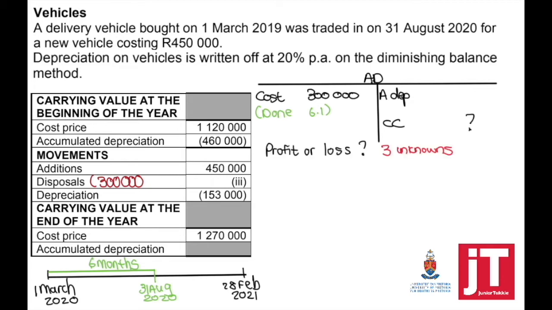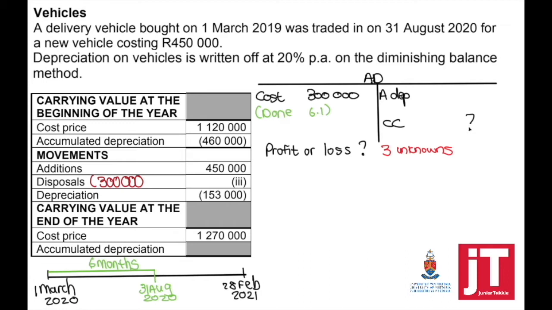If I look at the asset disposal account, they haven't provided us with the profit or loss or with the selling price. So now we can't fill anything in there to try to see if accumulated depreciation will then be our balancing figure like we've done in previous activities. So I've got now 3 unknowns.